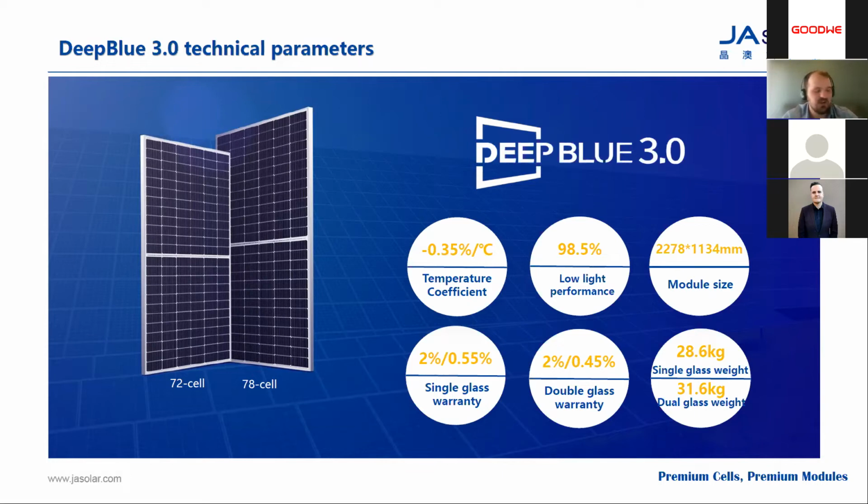As discussed earlier, it was a 2% degradation over the first year for both modules, with a 0.55 and 0.45 thereafter over the lifespan of the module. And as you can see, single glass is significantly less weight than the double glass.